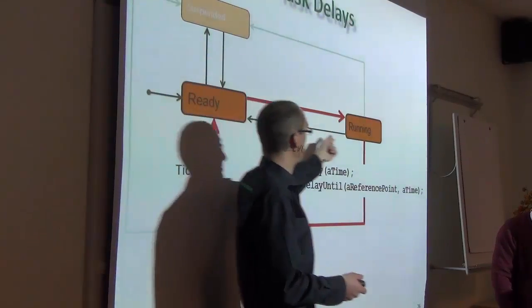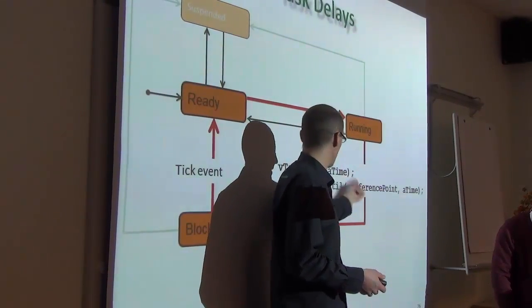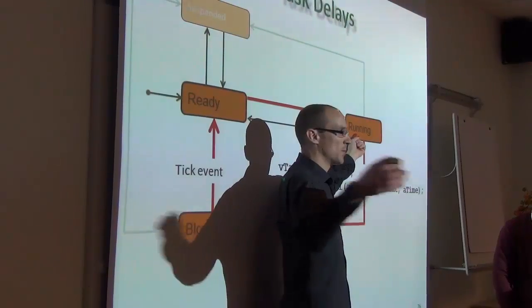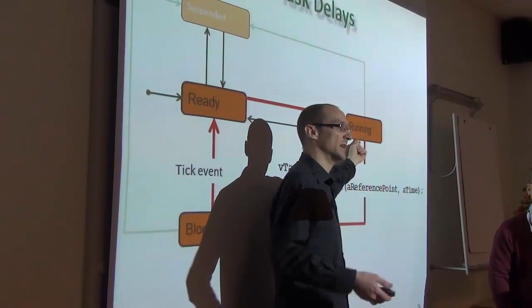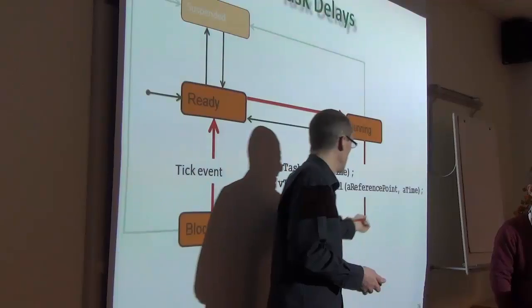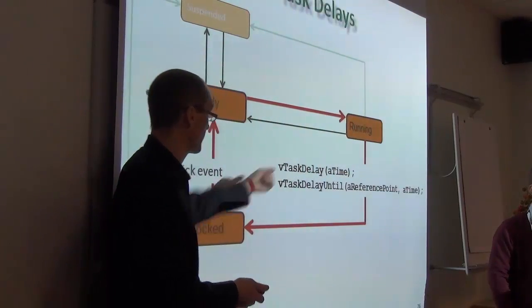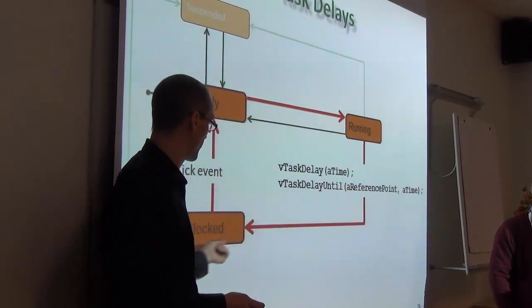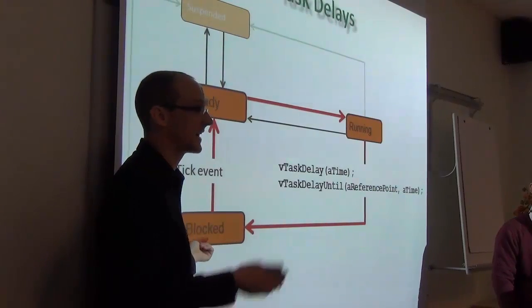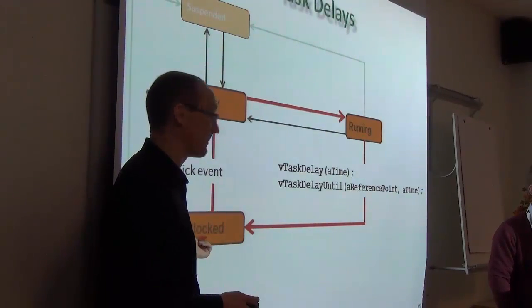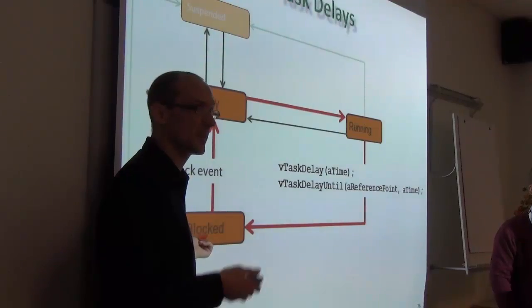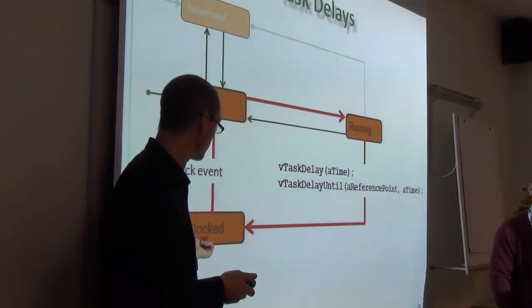So now we're going to flash our LED, and we're going to call task delay. We know we don't want to flash it again for another 200 milliseconds or whatever, and the scheduler, because we've called that function, knows we've got nothing to do for that time, and it will put that task into the blocked state.